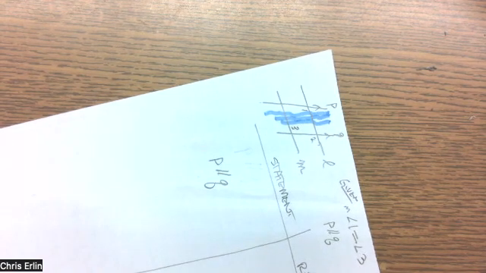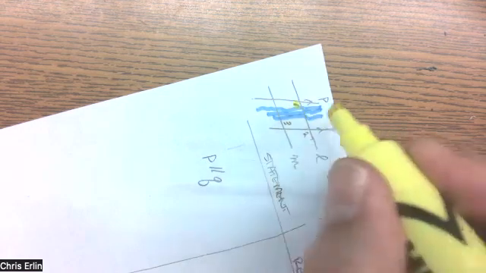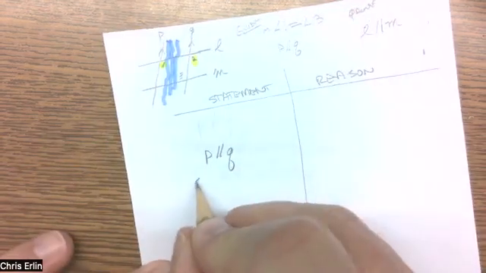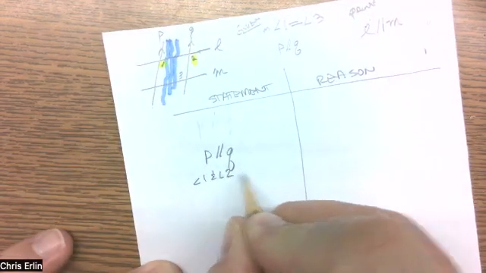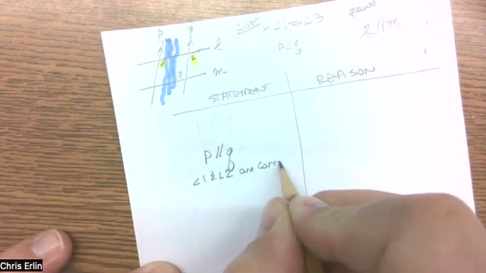Angle 1 is in the river and angle 2 is out of the river. What's the relationship? Corresponding. Very good. I'm going to say that angle 1 and angle 2 are corresponding angles.